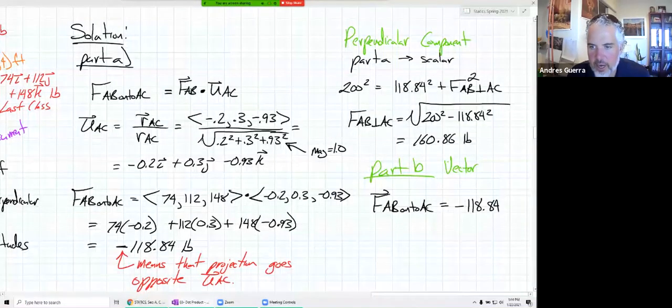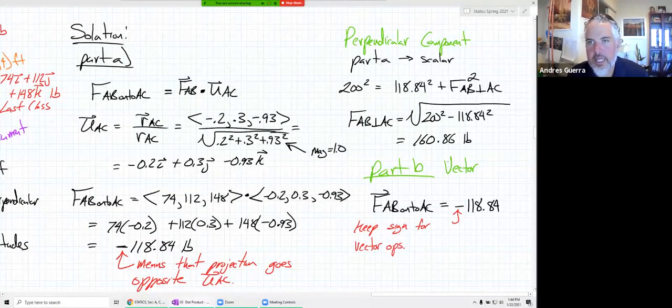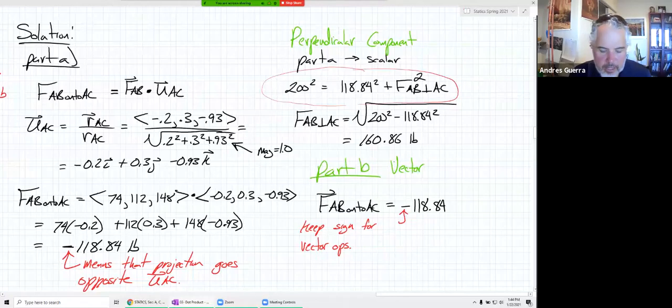When we do our vector operations, we're going to keep any sign that we get. You see, I dropped the sign when I did this stuff up here for this part. It was squared anyway, so it doesn't really matter. But we keep the sign for vector operations because that sign is actually going to take care of itself.